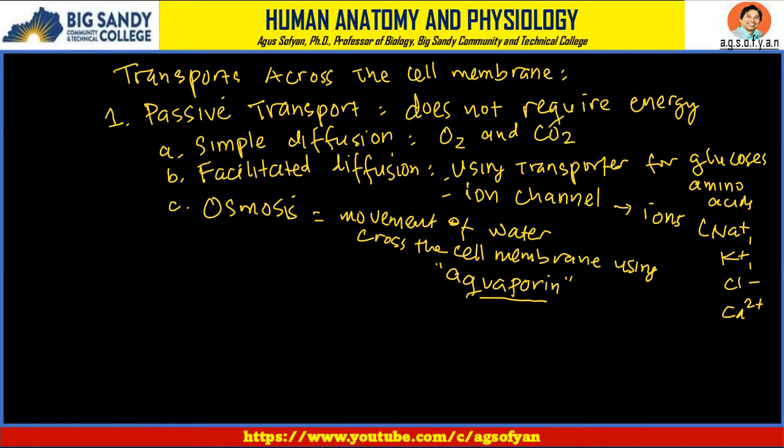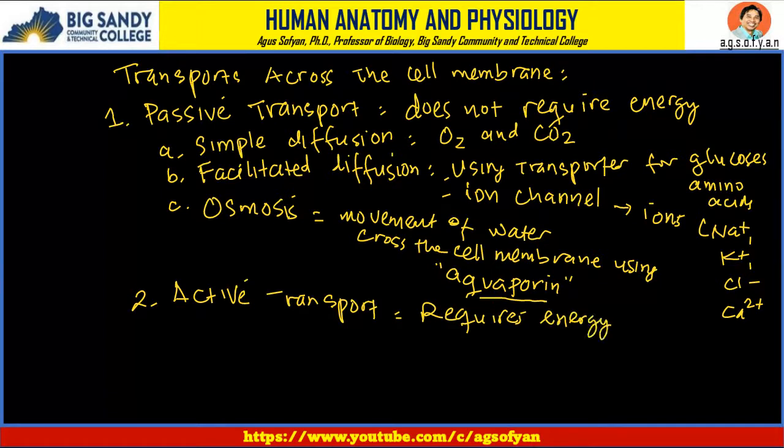The second type of transport is called active transport. This type of active transport requires energy. In this case, the energy used by the cell is ATP. There are two types: primary active transport.